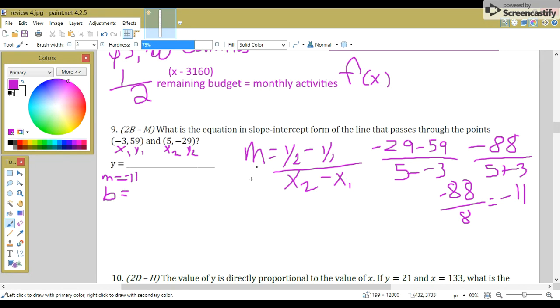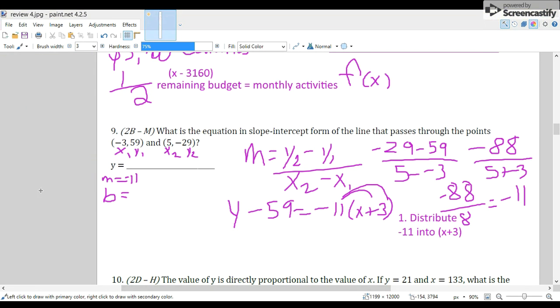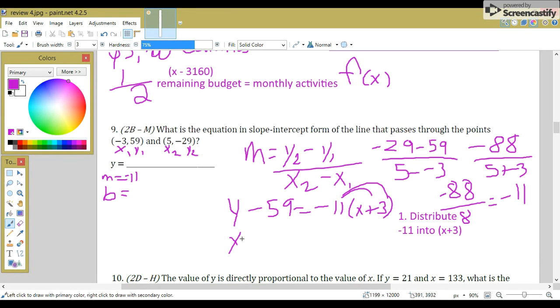To find B, let's go ahead and plug this in and use the point-slope formula. So we have y minus 59 equals -11 parentheses x plus 3. Step 1, distribute that -11 into each term. So we have y minus 59 equals -11x minus 33.